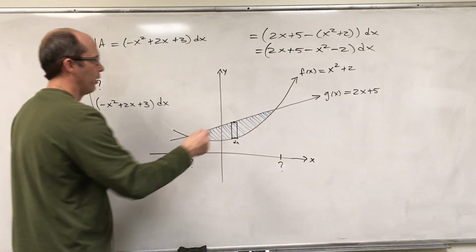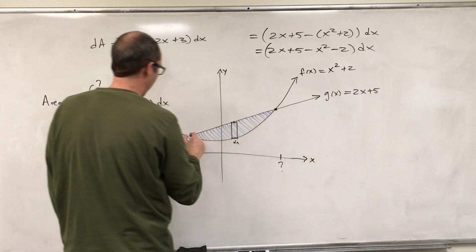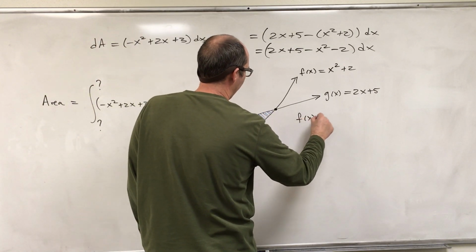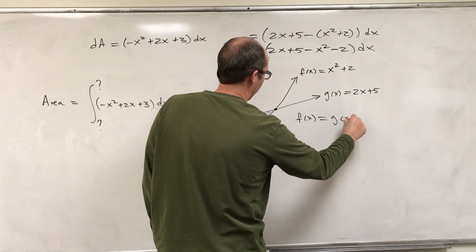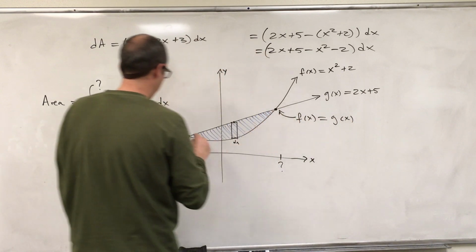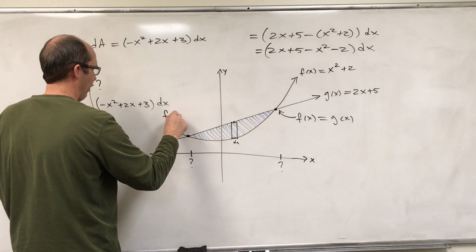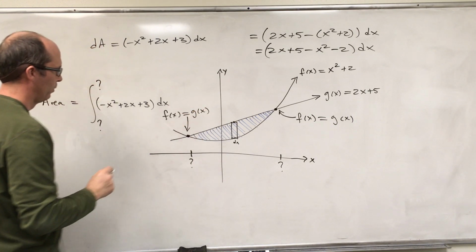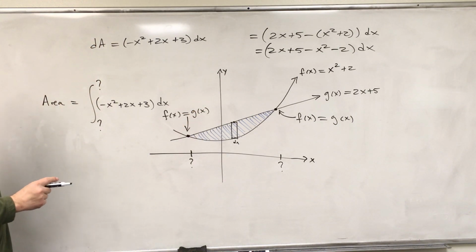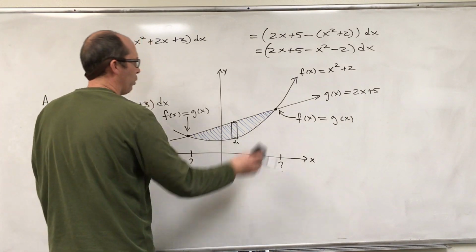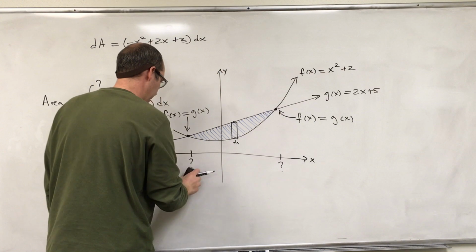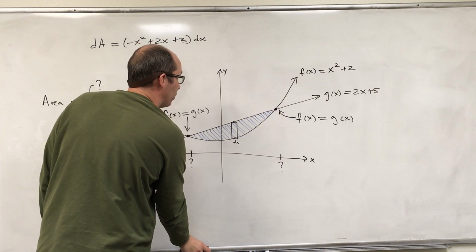The thing to notice is that at this point here where they cross, f of x is equal to g of x. And at this place as well, f of x is equal to g of x. So for that reason, we want to solve the equation f of x equals g of x.